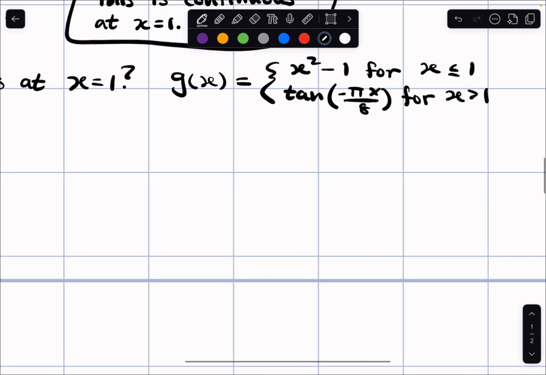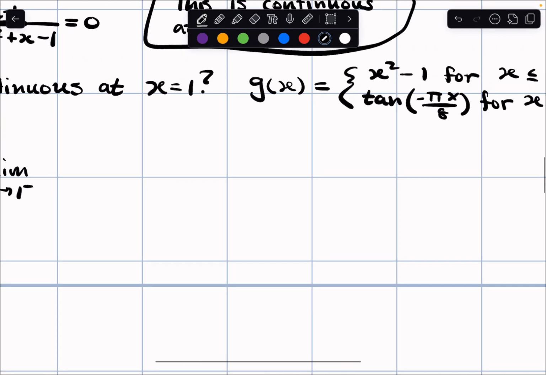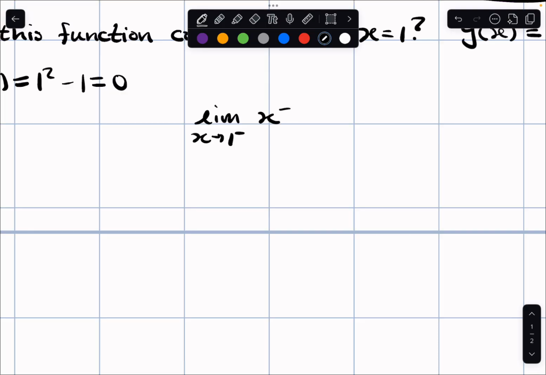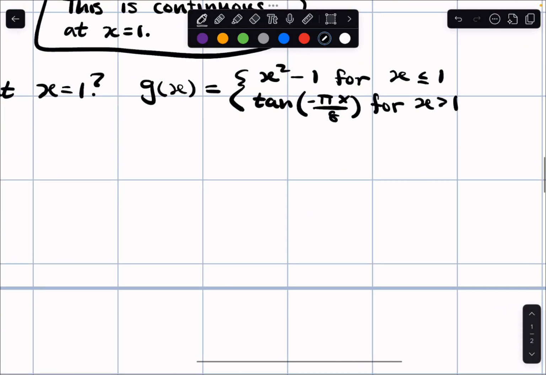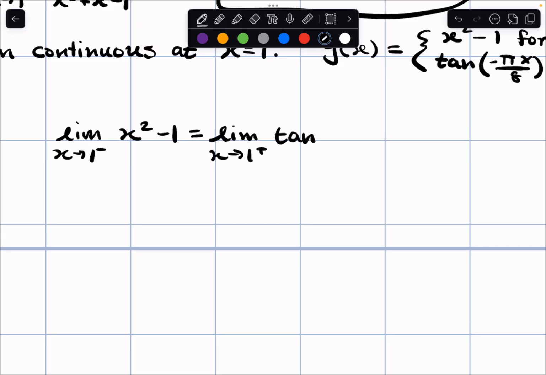Okay, so we'll do the limit as x approaches 1 minus, from the left, of x squared minus 1. And does this equal the limit as x approaches 1 plus of tangent of negative pi x over 8? Well, we know that the left side is going to be 0, right? And the other side, I know will not be equal to 0 because tangent of negative pi over 8 is not 0.